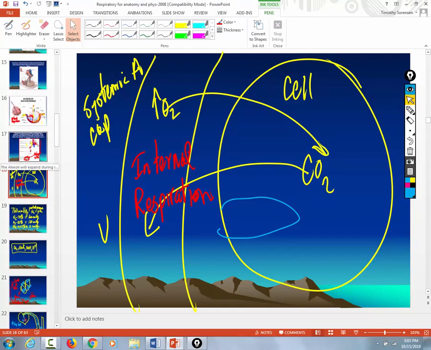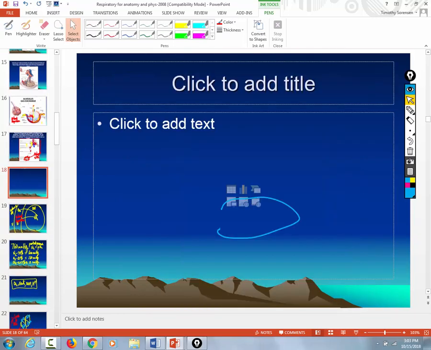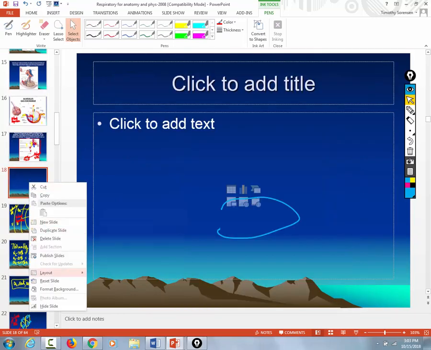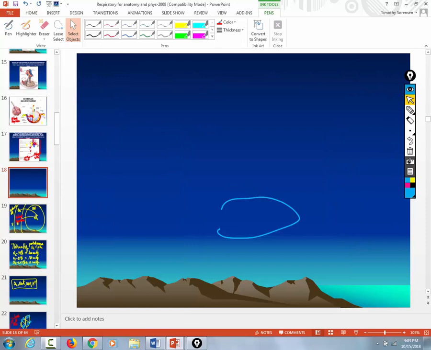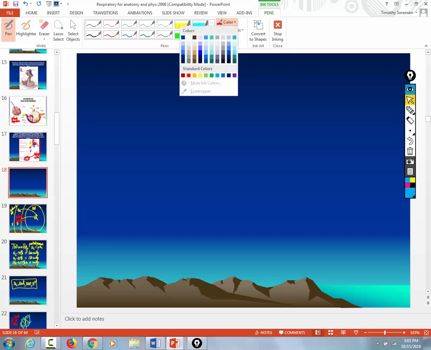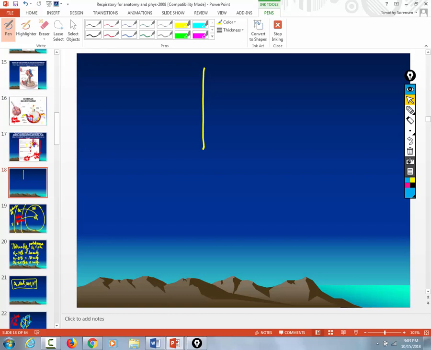Now, one of the things that happens, especially with babies, is babies' lungs are completely developed when they're born, meaning they can breathe air in and remove CO2. The problem lies with the alveoli. So I'll label this for you.